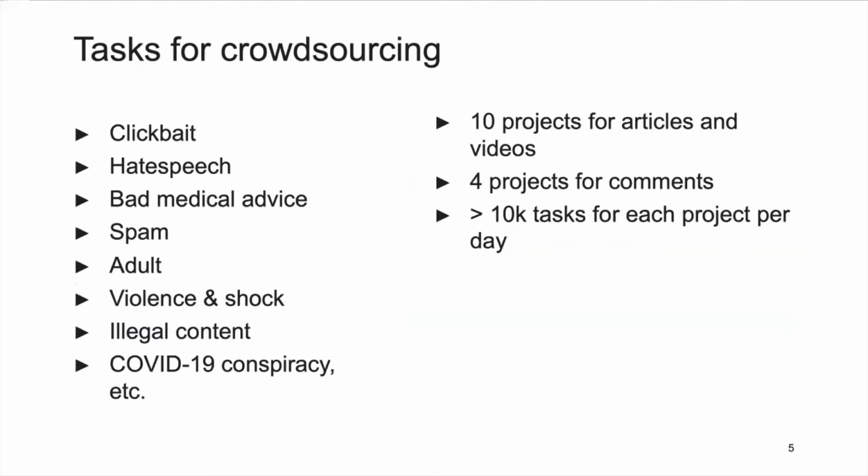On the left are listed some of the projects that we have: projects for clickbait, hate speech materials, bad medical advice, spam, adult content, violence and shock content, illegal content, COVID-19 conspiracy. This is a new one, I can say. So, content which might be unsafe for users, which we do not want much in our newsfeed.